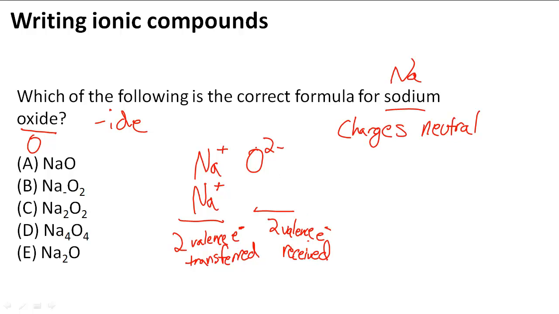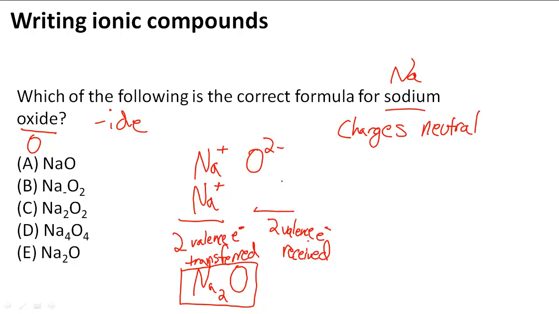That makes sense because oxygen is 2 negative, it wants those two valence electrons. So how many Na ions do you see? 1, 2. So there's actually Na2. That means there's 2 Nas in that compound and only 1 oxygen. So this is the formula for this ionic compound.